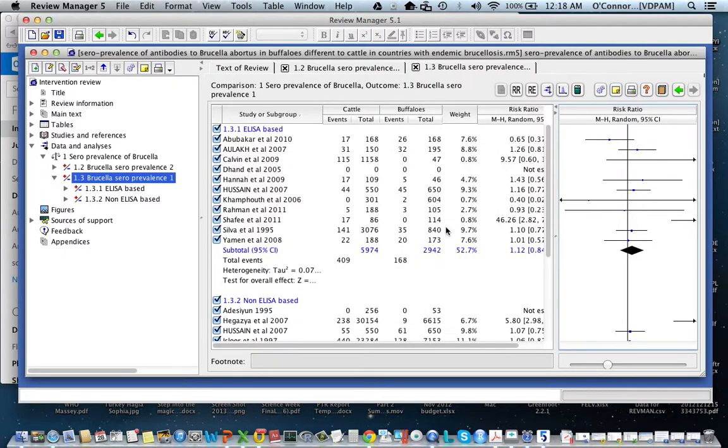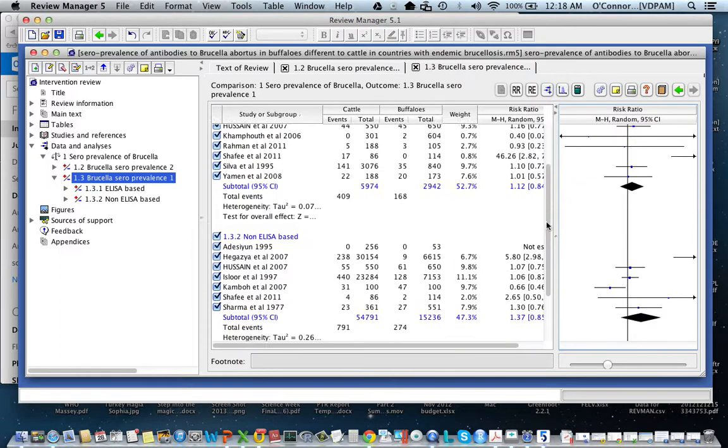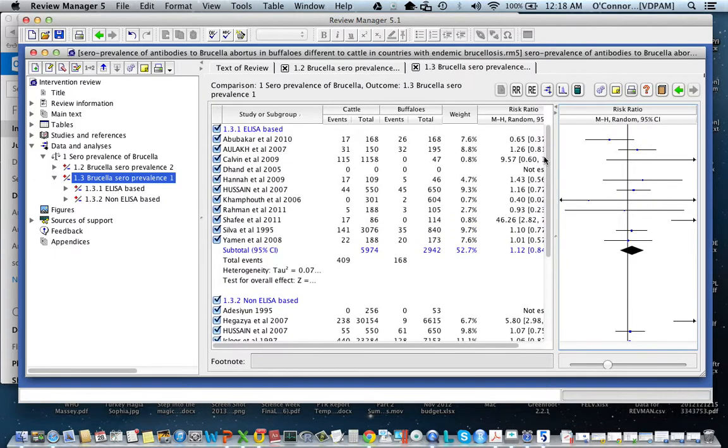So let's just verify that. Here we have an estimate where the number of animals that tested positive is roughly the same, but we have fewer total animals in cattle. That means the prevalence must be higher in cattle. So it's 1.26, and scrolling down, yes, that's what it says, higher in cattle.